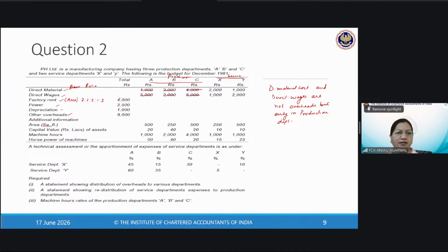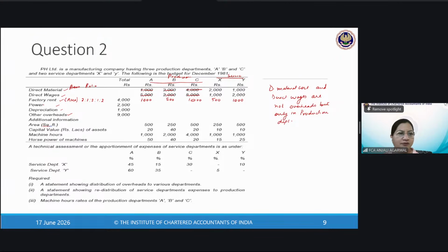This totals to 8. 4,000 divided by 8 is 500. 500 into 2, 500 into 1, 500 into 2, 500 into 1, and 500 into 2. So I've distributed the 4,000 amongst A, B, C, X, Y: 1,000, 500, 1,000, 500, 1,000.